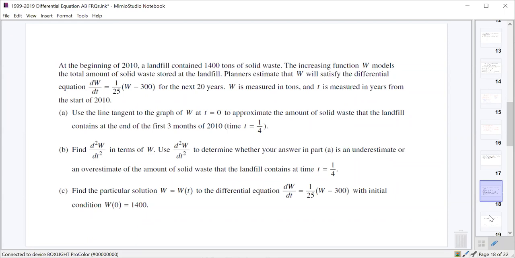So you have 3 problems to do tonight. One is this problem about trash, and the other are the first 2 pages of the rate FRQs. So you got trash, fish, escalator. TFE, trash, fish, escalator. You'll all remember that?